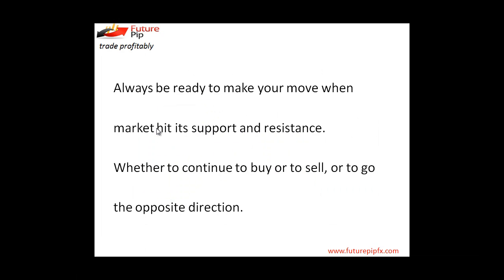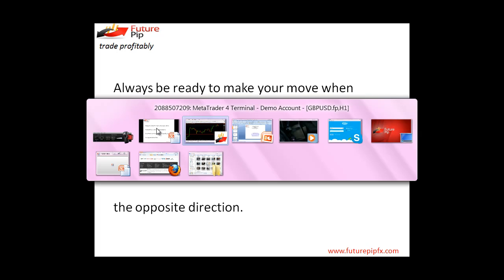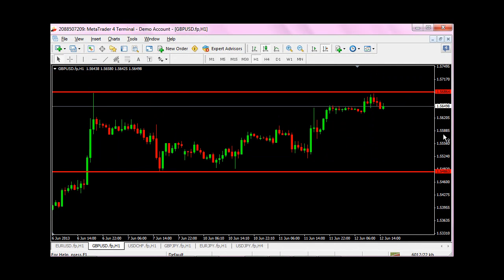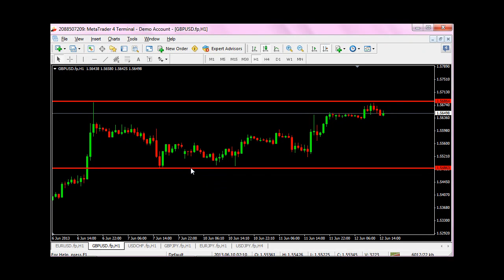Always be ready to make a move when the market hits its support and resistance, whether to continue to buy or sell or to go in the opposite direction. What it means is that when the market is on its support, be ready to take a buy, because maybe you're on the sell and it hits its support.